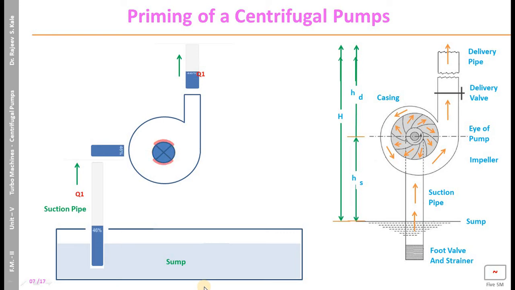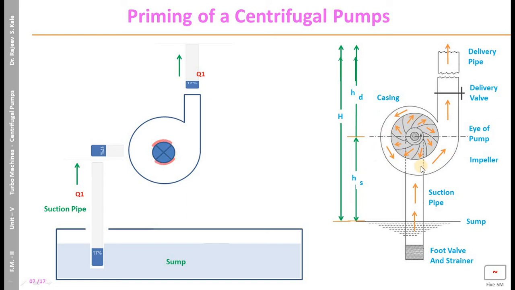Next concept is priming of a centrifugal pump. So this is very important. If you don't do the priming, only air is lifted, no water will be lifted. So priming is necessary, the fluid which you want to lift. So in short, it is an operation in which the suction pipe, casing, up to the delivery valve is completely filled with the water.